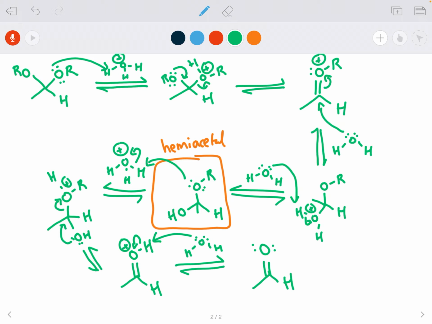But notice all these steps are in equilibrium, so I can just reverse the direction, and it's the same exact mechanism that we went over before. Because all the steps are in equilibrium, all you're doing is having the same intermediates and just reversing the order of everything in your formation of the acetal and then hydrolysis of the acetal back to the ketone or the aldehyde.